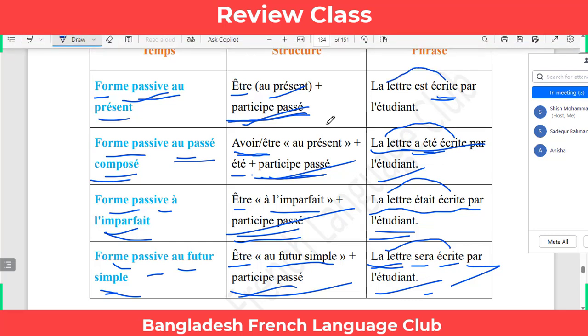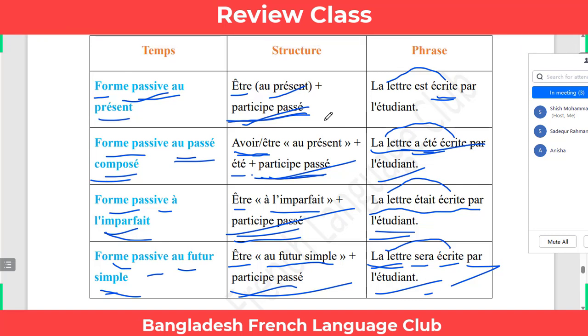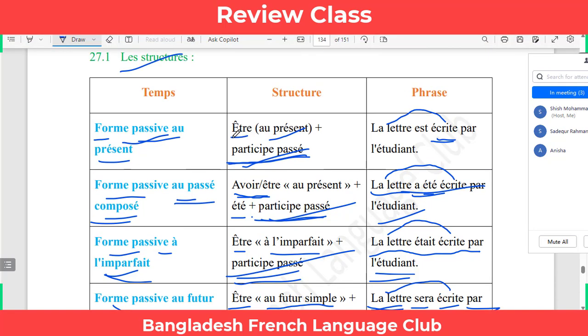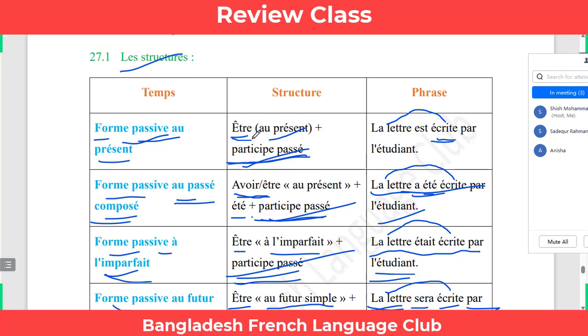So just a few things, if you remember, then making any kind of passive sentence in French will be very easy for all of you. The first thing: the passive sentence is made with the être verb conjugation.